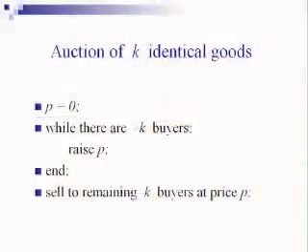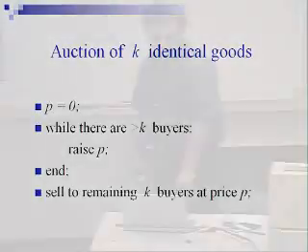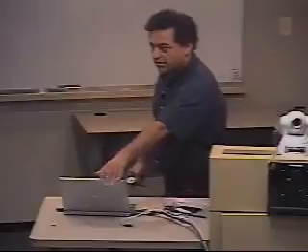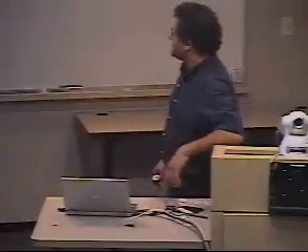Just one simple point about auctions. Suppose I have k identical goods, like k identical Dell laptops with Microsoft software, let's say, and I want to sell them to this room, maybe 4 of these.